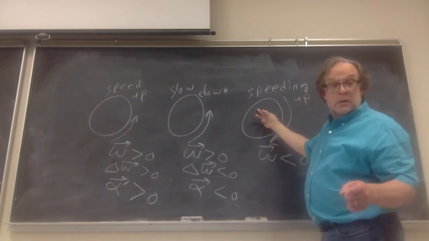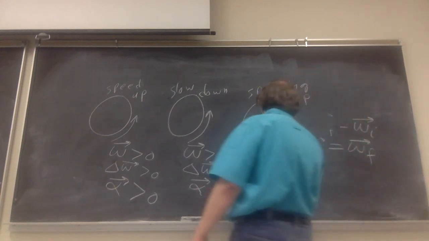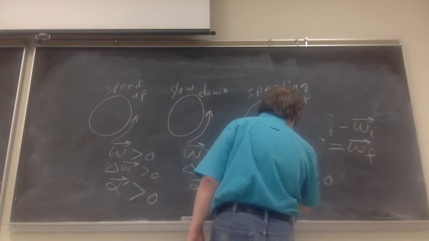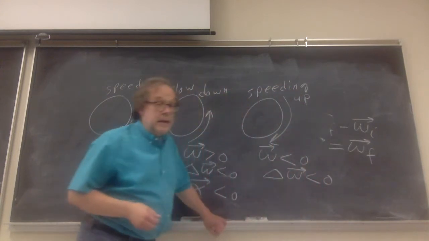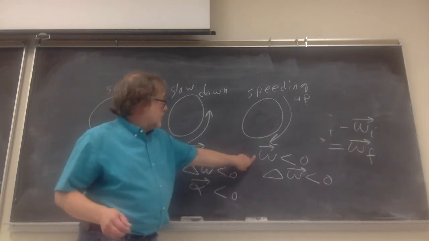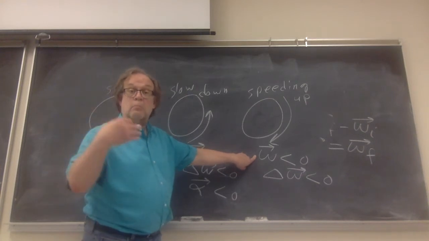That is a velocity of negative 2. So negative angular velocity is added on in order to make velocity that was already negative even more negative.